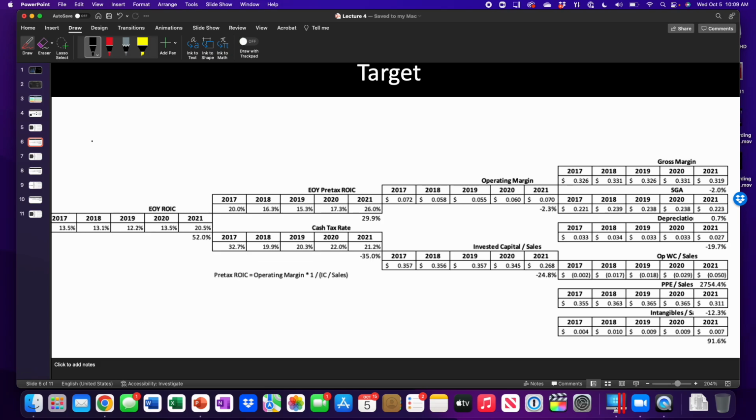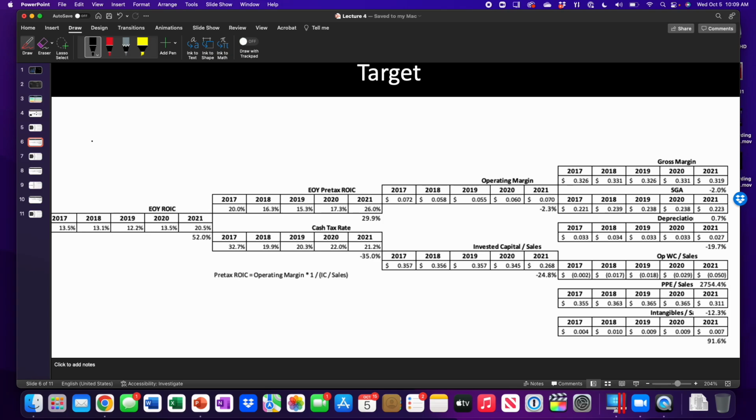So summarizing from right to left, Target improved its pre-tax ROIC primarily because of the improvement in working capital and PP&E to sales, a 5-cent drop in working capital to sales and a 5-cent drop in PP&E to sales, which led to an overall drop in invested capital to sales of 24.8 percent, from 36 cents to 27 cents.